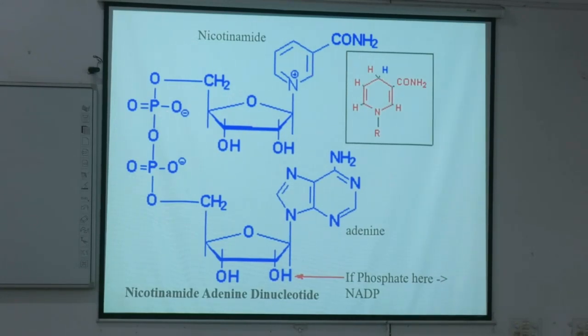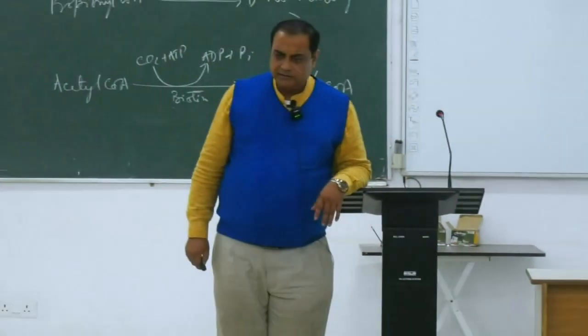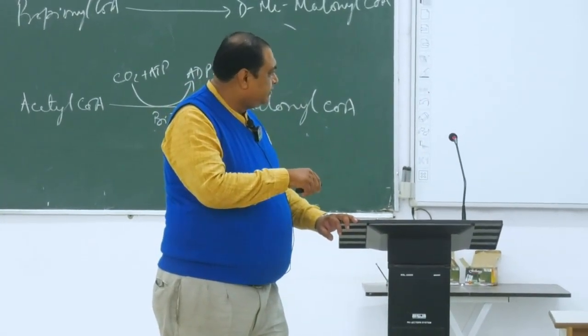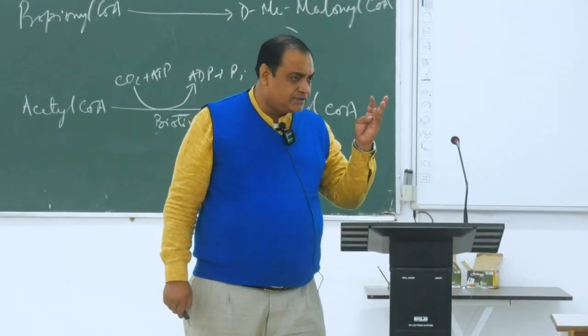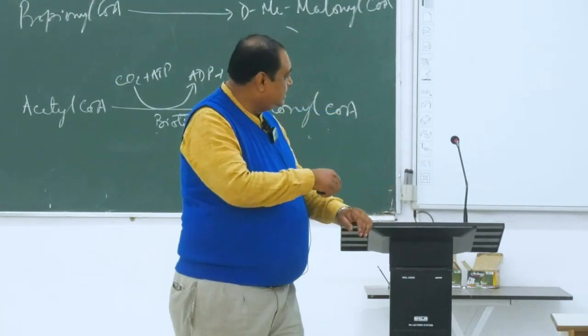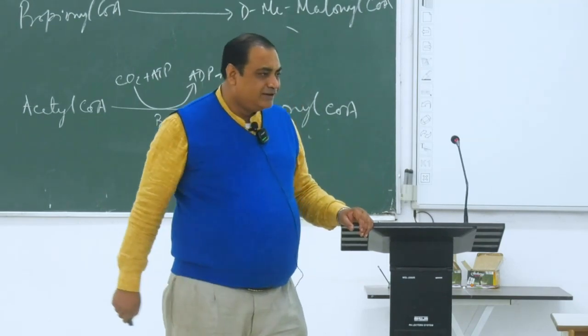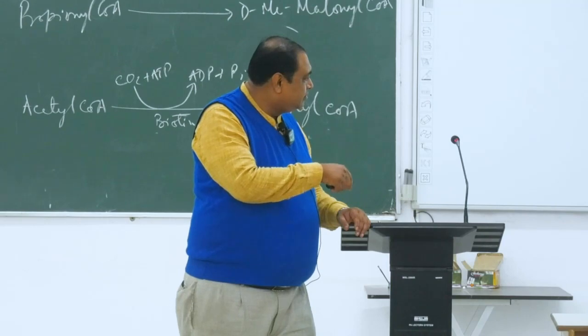And what is this? It looks like a nitrogen base. So if you halve the molecule from here, then this part looks like a nucleotide: nitrogen base, ribose sugar and phosphate, and this side also nitrogen base, ribose sugar, phosphate. So nicotinamide adenine dinucleotide.